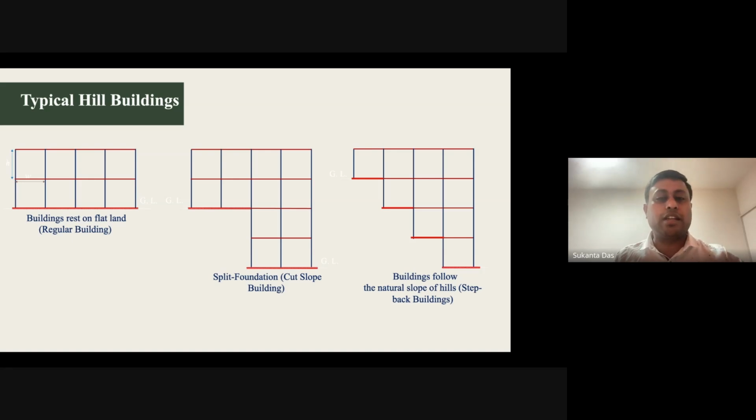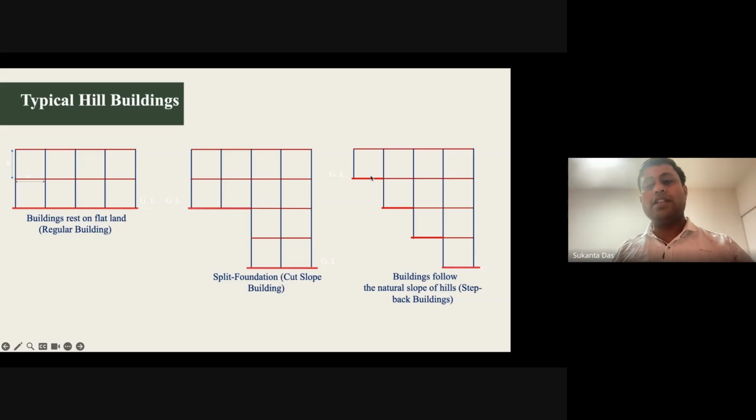But in the middle figure, you can see the configuration of a split foundation, where one part is above and another part is below. So there might be a slope which is cut, and the building is constructed. You can see this in real ground. This is called a split foundation in hillsides.